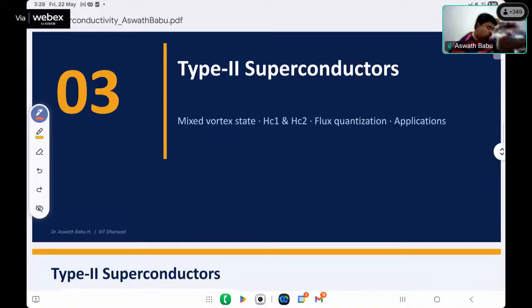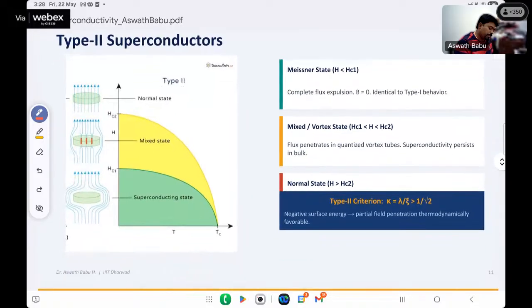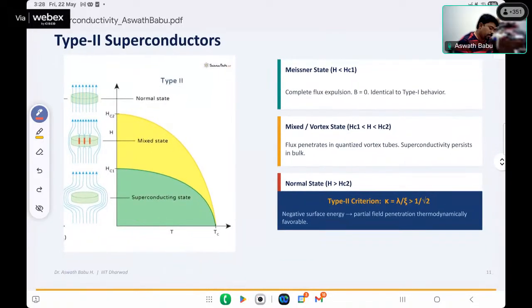Type 2 superconductors. We'll just study the details of what we saw last time in the previous slides. There are regions of HC1 and HC2. HC2 is the transition from normal to a part superconducting, part normal state, so this is the initial level of the mixed state.